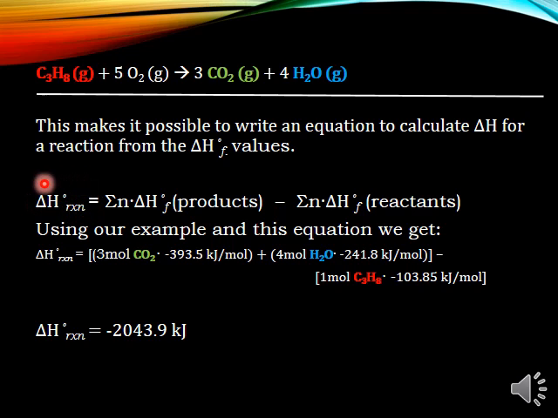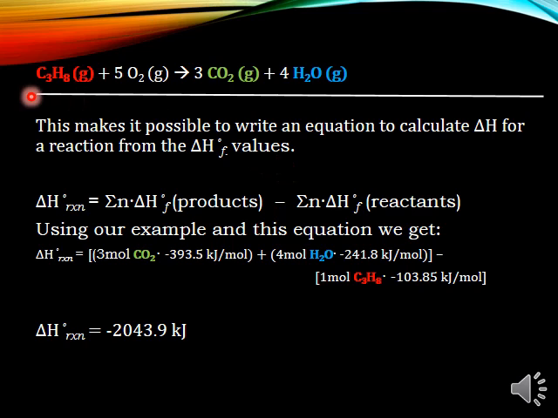It says the change in enthalpy of a reaction at standard state, with a little not sign, equals sigma, which is the sum of n, the number of moles, times the change in enthalpy of formation of the products, minus the sum of the number of moles times the change in enthalpy of formation of the reactants. So we're going to take our enthalpies of our products and subtract our enthalpies of our reactants. That negative there takes care of flipping the sign for our reactants.